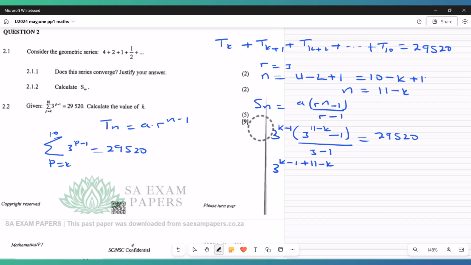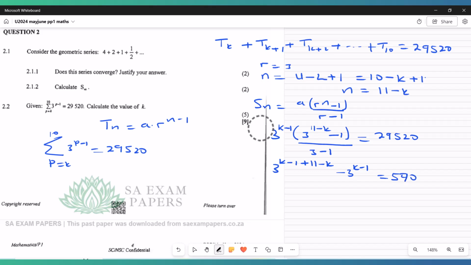Then 3 minus 1 is 2, so I'm going to say equals 2 times this number, that is 2 times 29520. Also I'm distributing, minus 3 to the power k minus 1. What do I get? I get 59040.